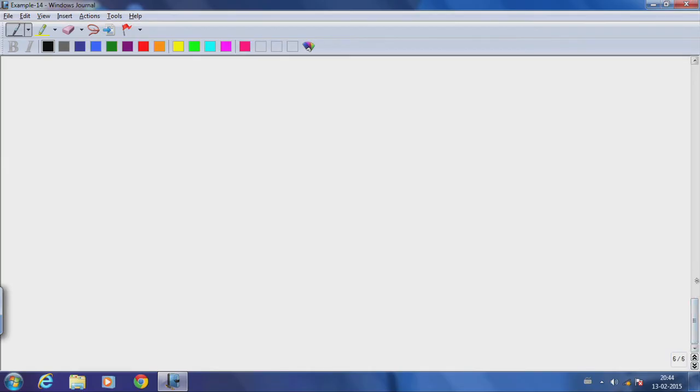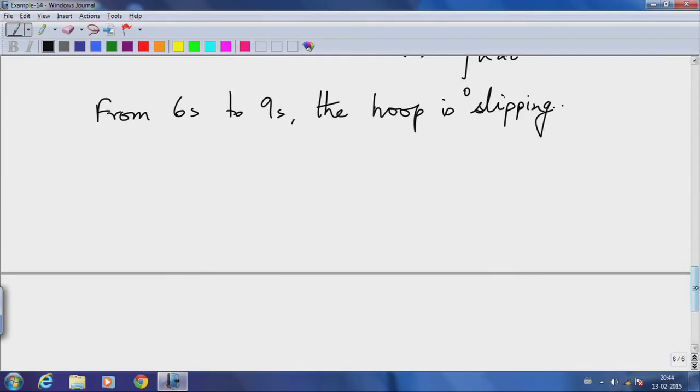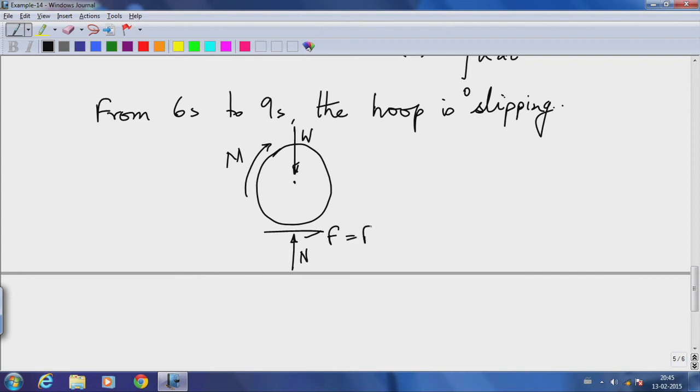For this case, what we need to do is that the same moment m is acting, the rest of the free body diagram is unaltered, except now the friction force acting to move this forward is equal to F max.